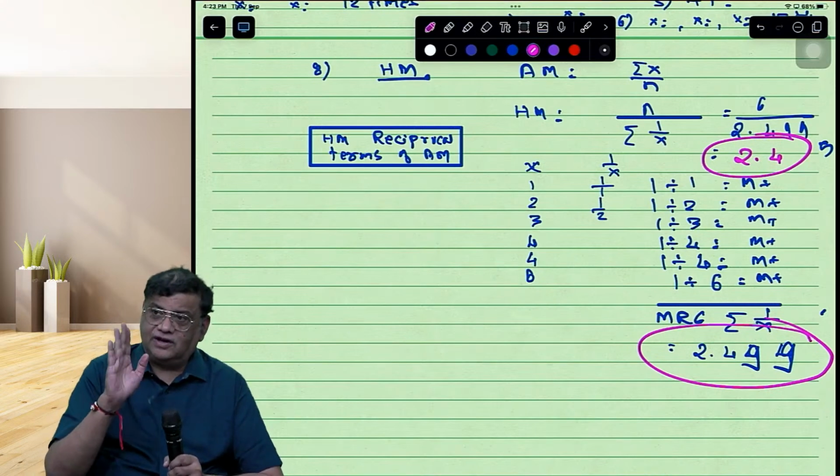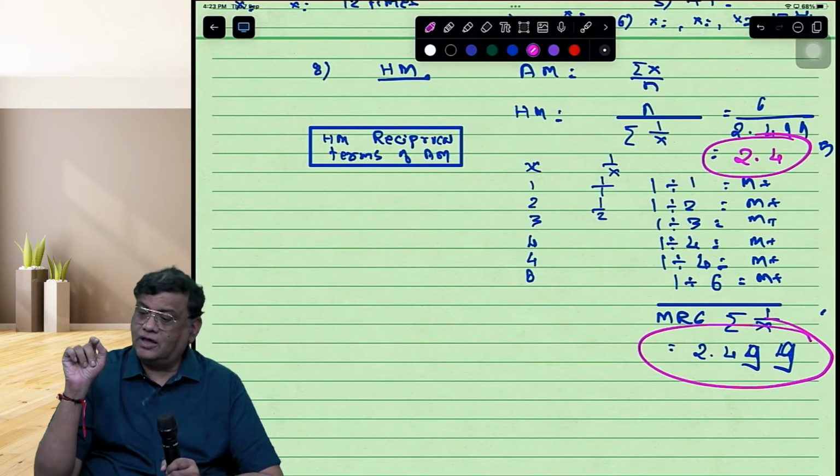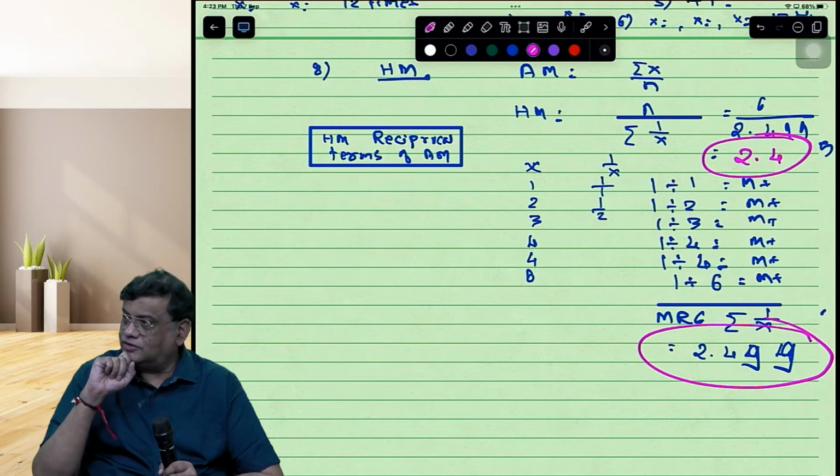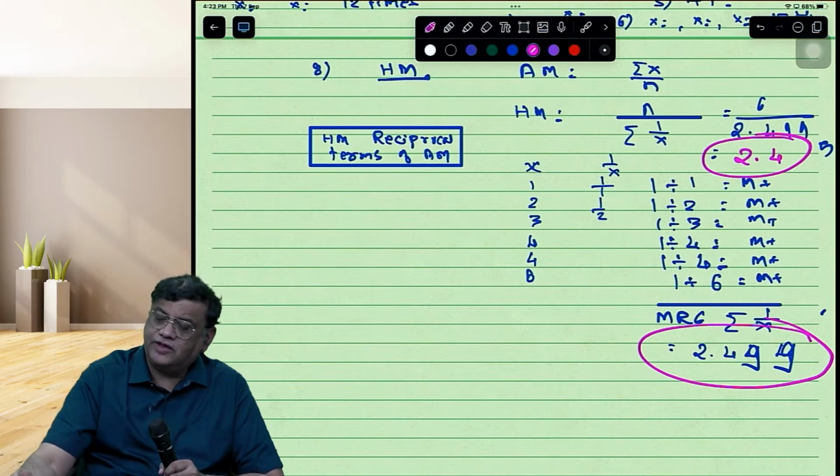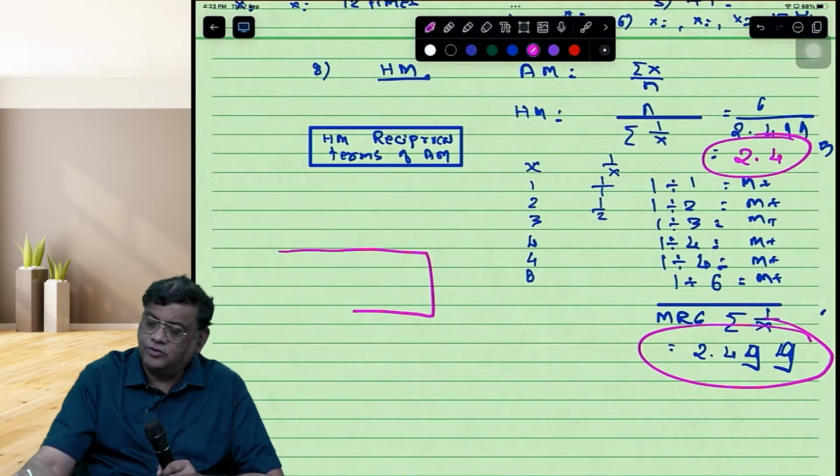geometric mean is the second largest, and harmonic mean is the smallest. Harmonic mean is the smallest value you can see out of those three. And of course, this theory we will collect later on.